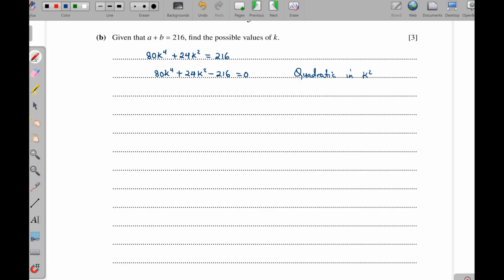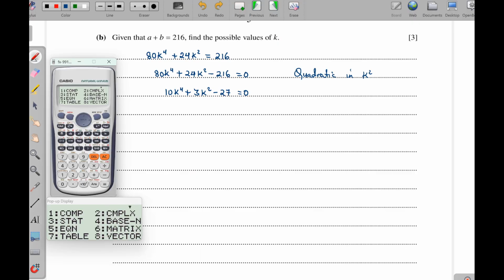So I will have 10k power 4, then plus 3k squared, then minus the 27 here, which is equal to 0. I can use my calculator to factorize this one. We go to mode, then equation is option 5, and then quadratic is option 3. Then the coefficient of this k power 4.